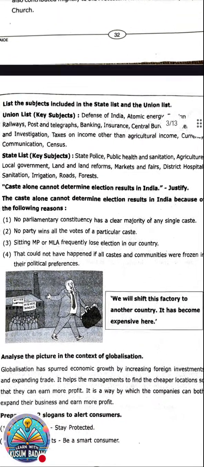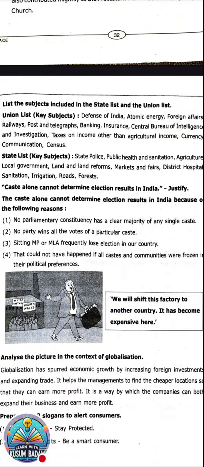Okay, here the answer: no parliamentary constituency has a clear majority of any single caste. When we see the parliament, no constituency, no particular party has any single majority of caste. No party wins all the votes of a particular caste. That is the second point. No party is winning because of caste only. Third one, sitting MPs or MLAs frequently lose elections in our country.